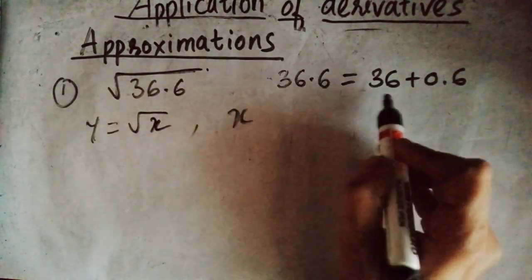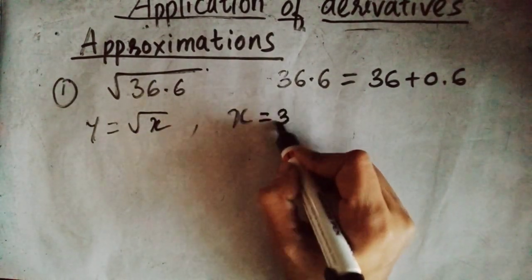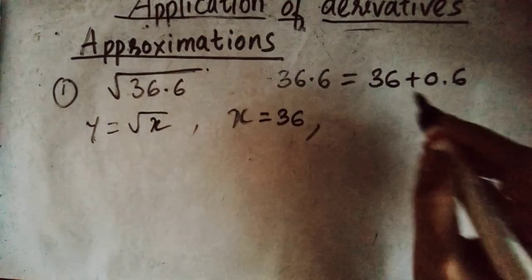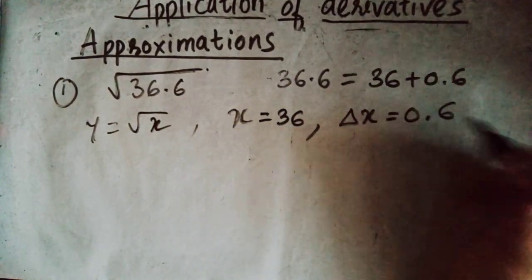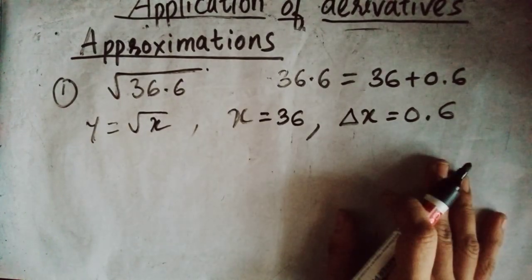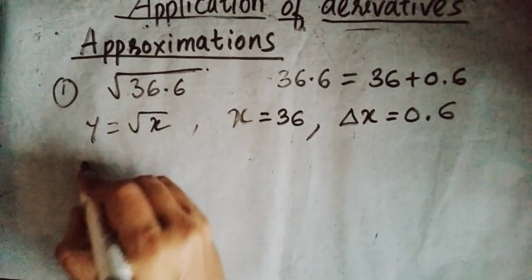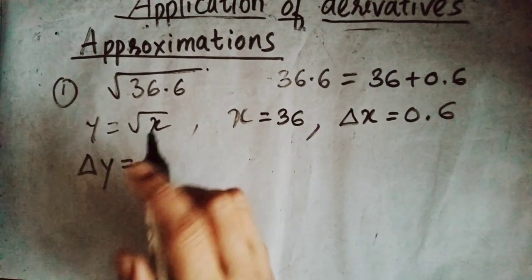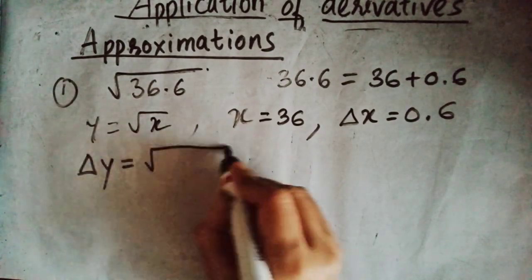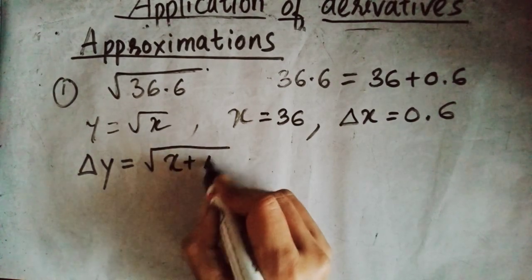So we take x as 36 and our change, that is del x, is 0.6.